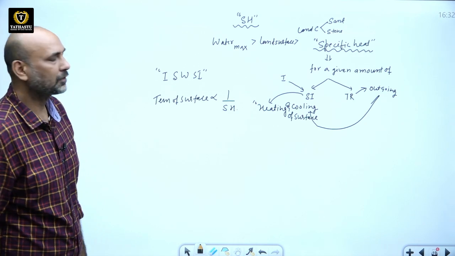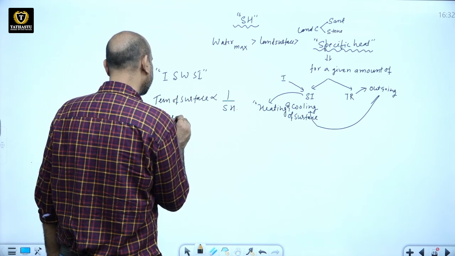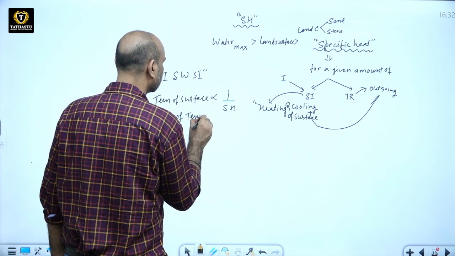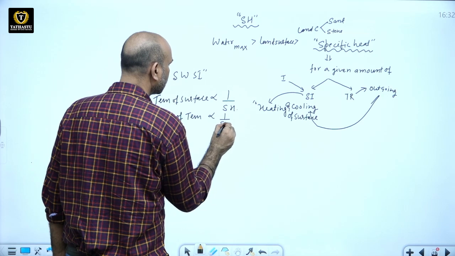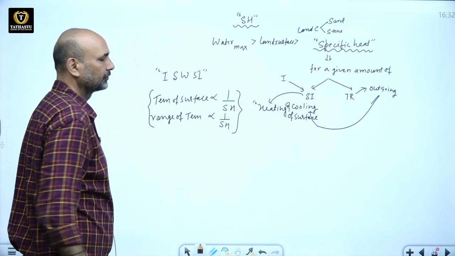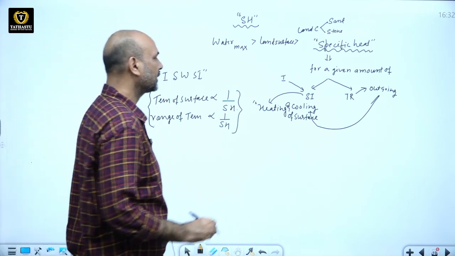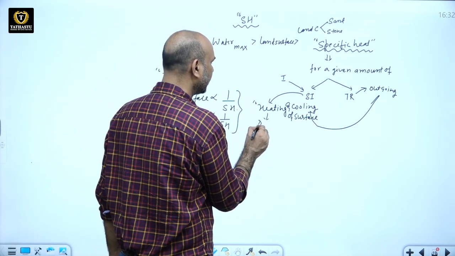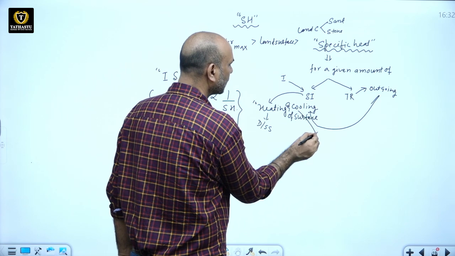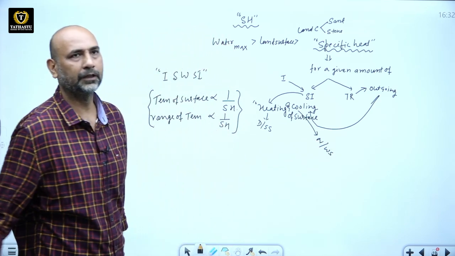So what is the conclusion? The range of temperature is also inversely proportional to specific heat. Range means fluctuation of temperature. Heating occurs during daytime and summer season, cooling occurs during night time and winter season. That you people already know.